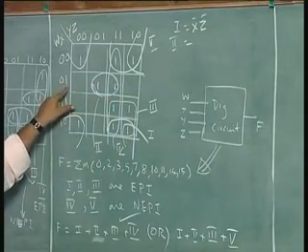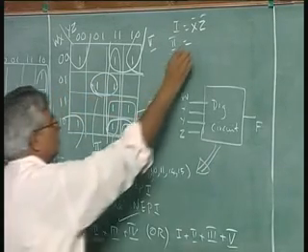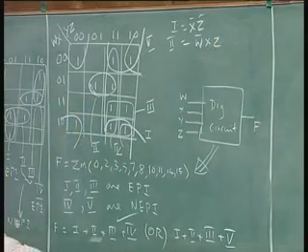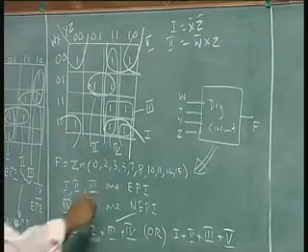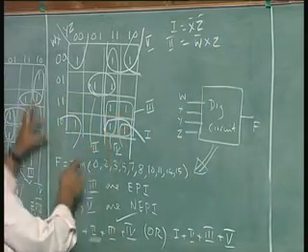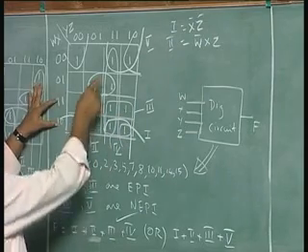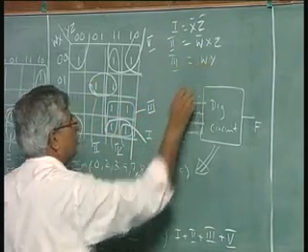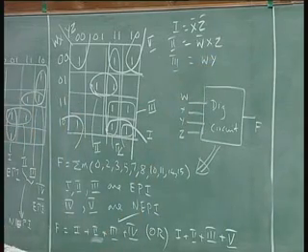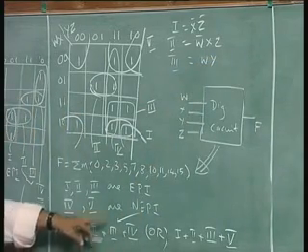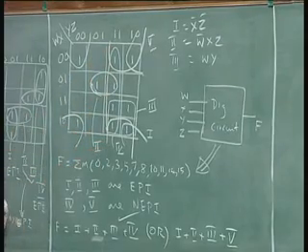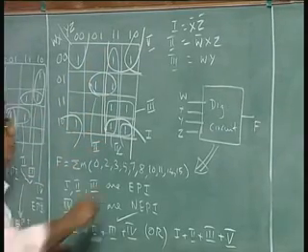W bar, X, Z. 3 is this, which is W, Y. And 4 we are going to take instead of 5, so 4 is this one. That would be YZ.